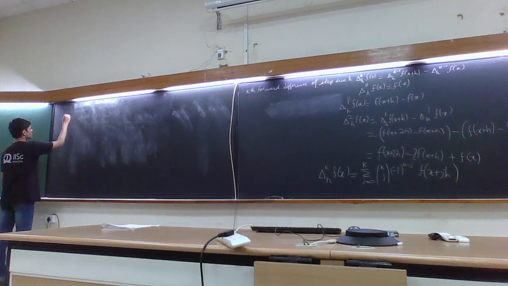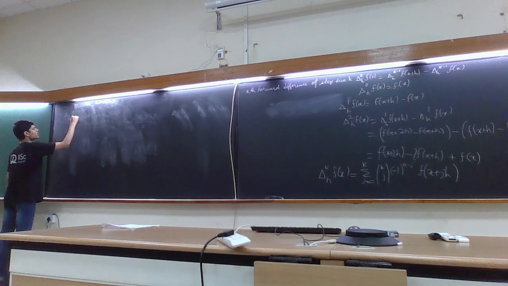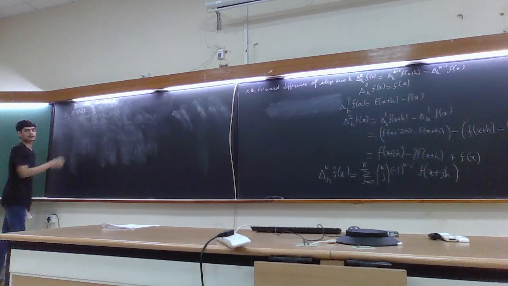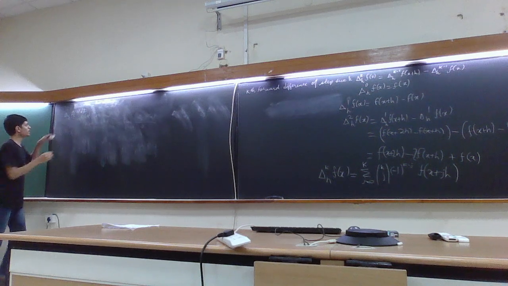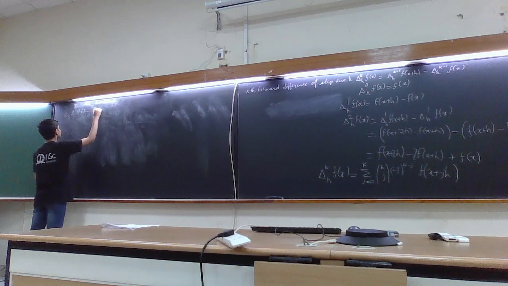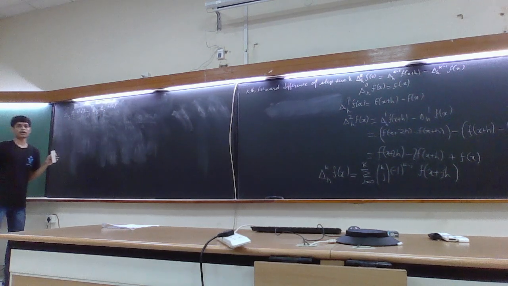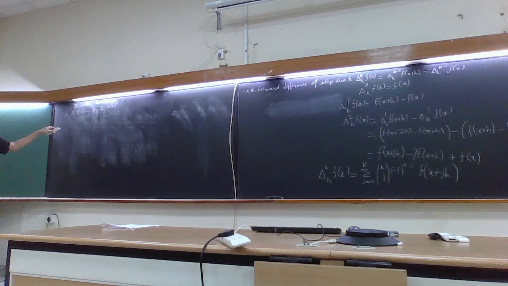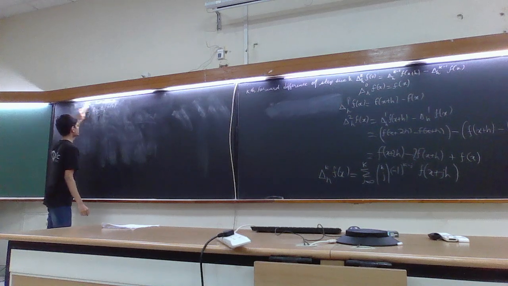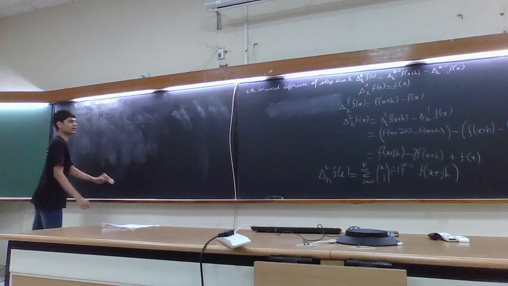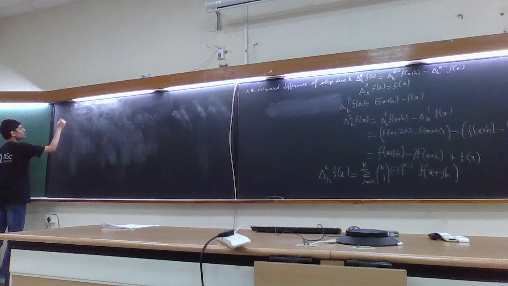Also note that this operator commutes. So what it amounts to say is that this holds. This is easy to see. That is why the step sizes can be in any order, and so now we prove the first lemma.